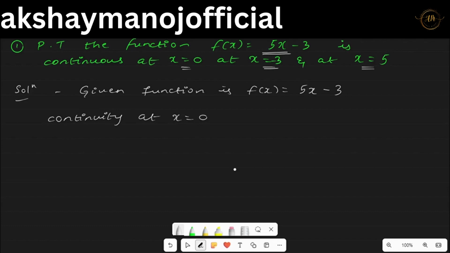Limit as x tends to 0, f of x is equal to limit of 5x minus 3 as x tends to 0. So 5 into 0 minus 3, which is equal to minus 3.